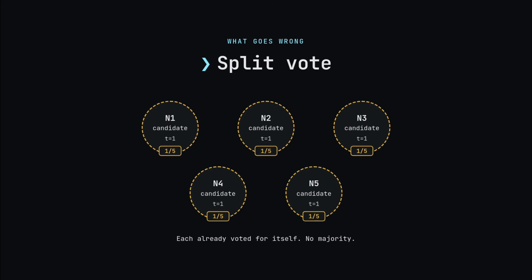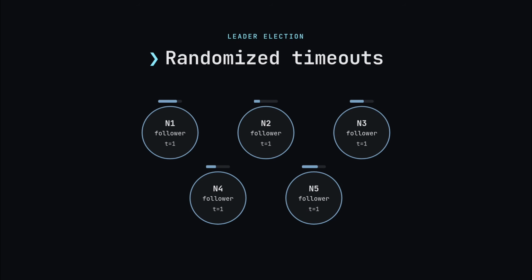So you need a way to break the symmetry. And this is where the randomized timeouts concept in the Raft paper comes into play. Give every follower a random election timeout, for example in the range between 150 to 300 milliseconds.